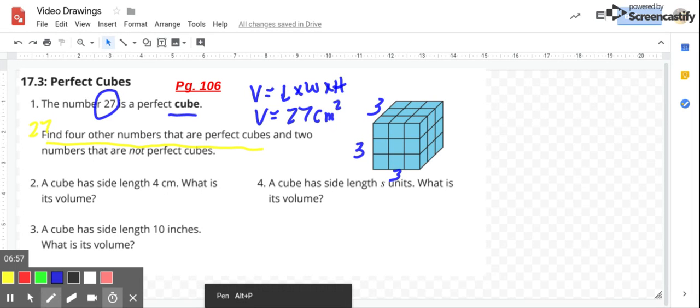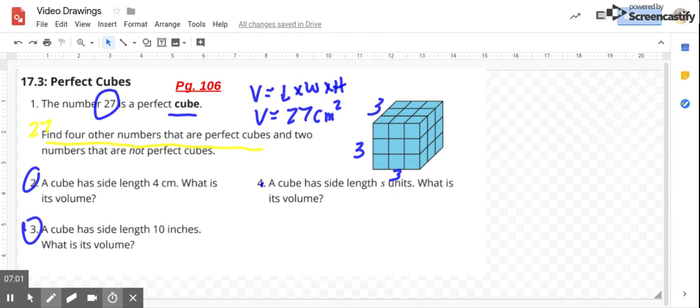However, questions 2, 3, and 4, right here, those are actually on page 107. You have to look on page 107, and you'll answer those questions as well. So once again, you're going to be trying to find other numbers other than 27 that you think are perfect cubes, and then you also need to find 2 that are not perfect cubes. Then you'll look at page 107 and try to find the answers to questions 2, 3, and 4.